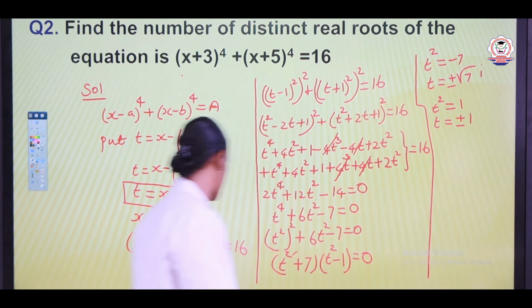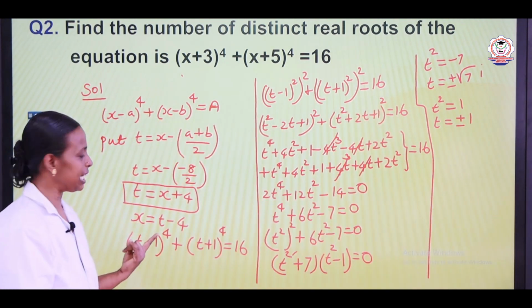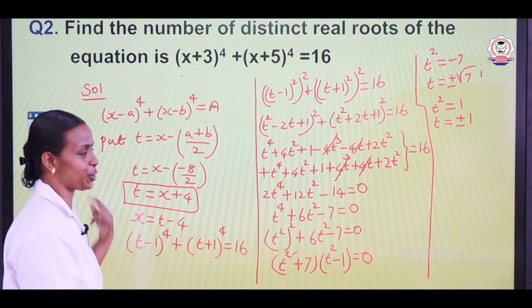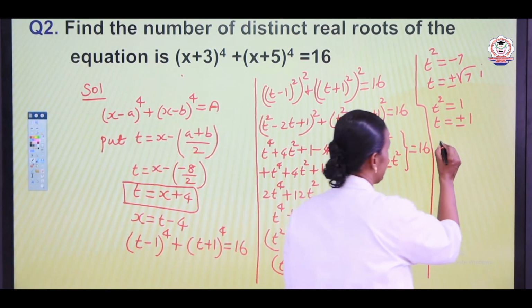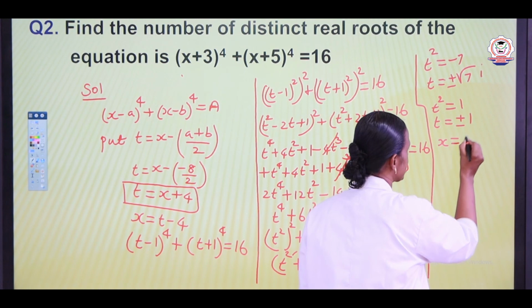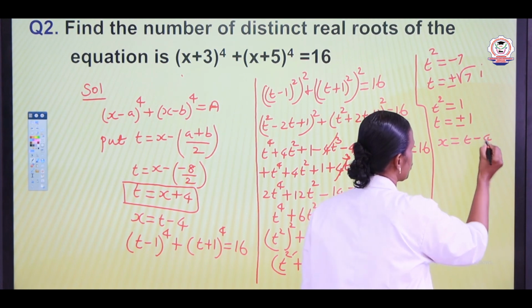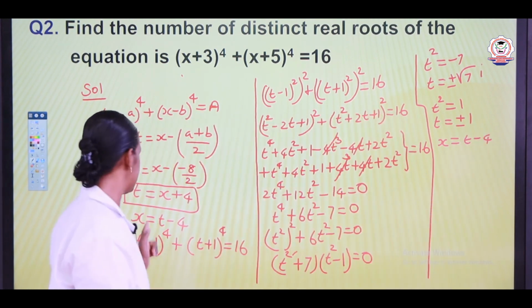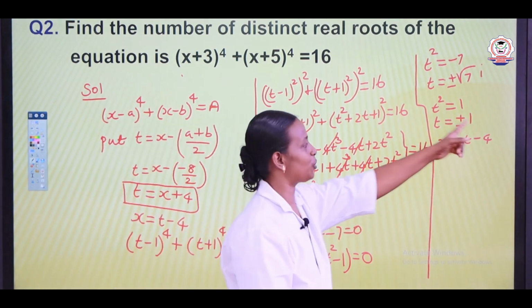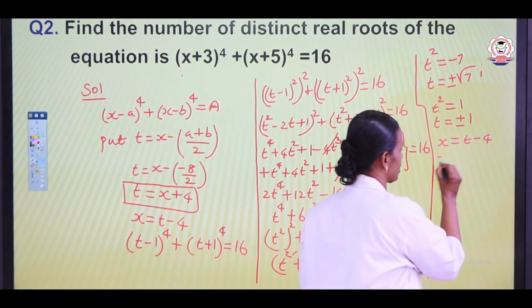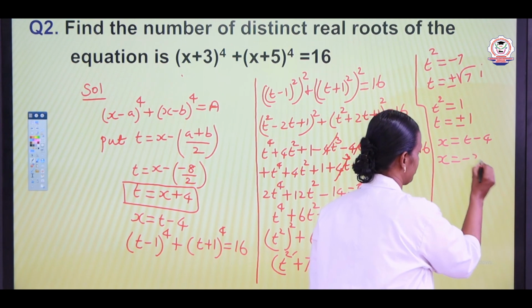So you have to substitute here. T equal to plus or minus 1 means what is your x value? So x is nothing but t minus 4. Your t value is plus 1 means x value is nothing but minus 3.